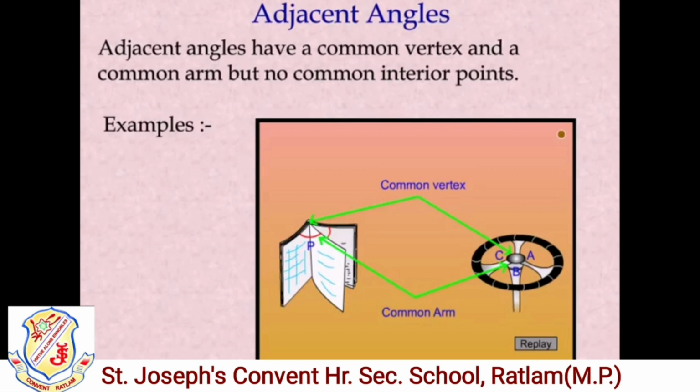And in the picture of the book, you can see angle P and another angle sharing a common vertex and also a common arm. Such angles are called adjacent angles. The angles that share a common vertex and a common arm are called adjacent angles.